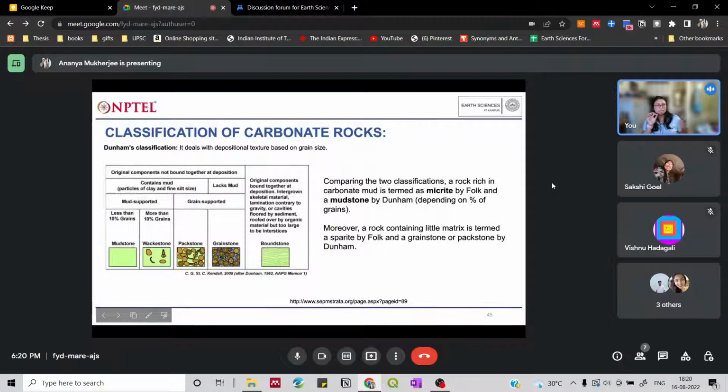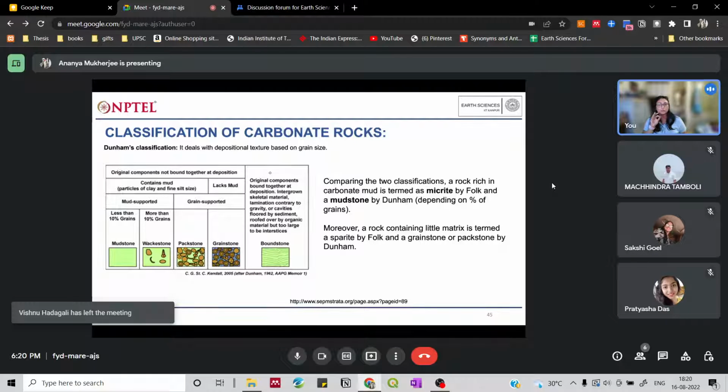Then the next classification criterion is Dunham's classification. This is very useful when we have to classify a hand specimen, like when you have taken a rock sample and now want to classify it. The classification can be based on whether calcium carbonate grains are present and how much of them is present.